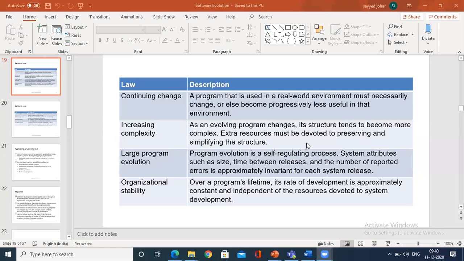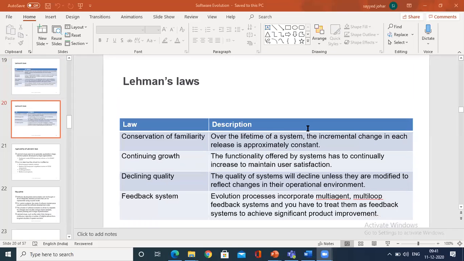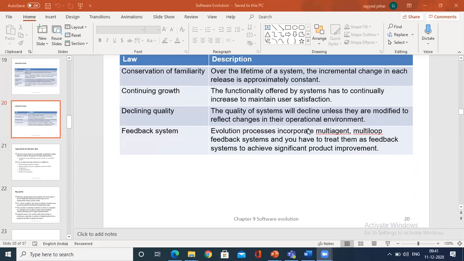The third law is based on an interesting concept: whenever we have large systems, how do they establish that the law is based on the development process? Similarly, you can refer to the fourth law. It depends upon the project work, that is, a saturation point. The fifth law is concerned with the change increment in each system release. You can go through the book for what Lehman says about the laws.